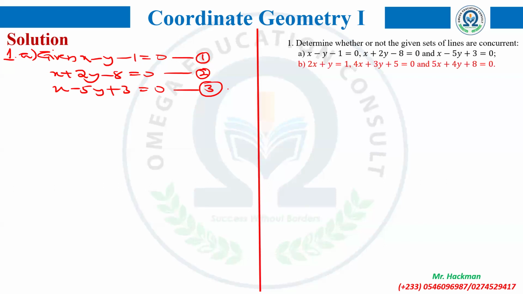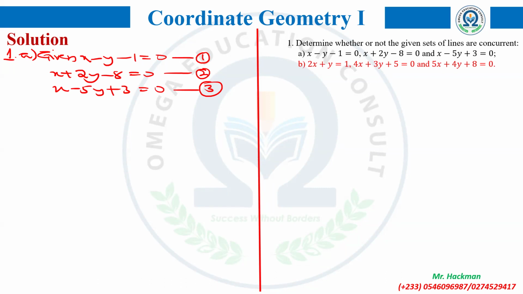All right, at this point I am going to work with adjacent lines. So line 1 and line 2 will be adjacent, and line 2 and line 3 will be adjacent. However, you can take line 1 and 3, just a different pair. It doesn't really matter whether they are adjacent or not, you will still draw that same conclusion.